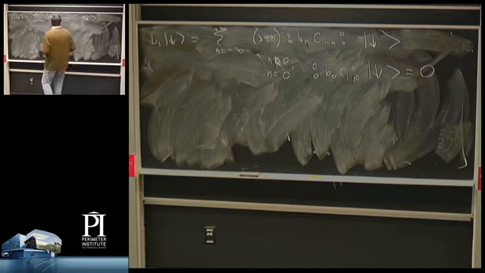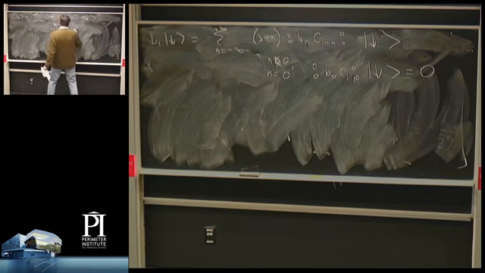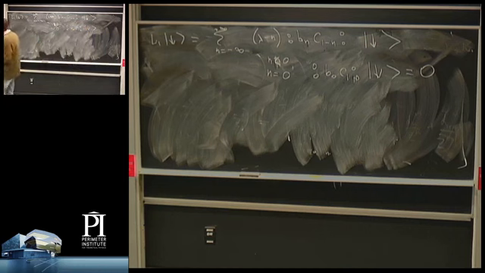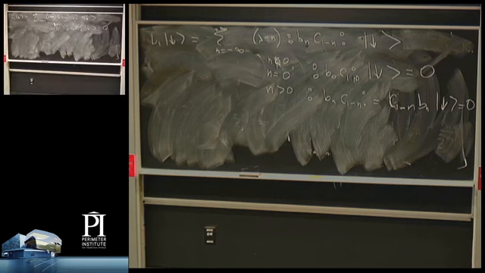Then when n equals 0, I have the normal ordering of b_0 c_1, and this one is also 0, because I have c_1 with a positive index.